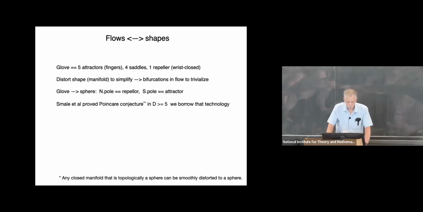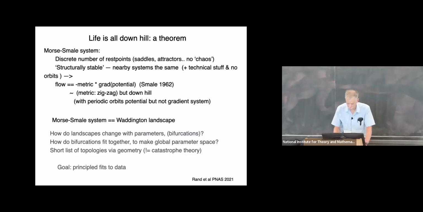So Smale, in the late 60s, proved the so-called Poincare conjecture in dimensions bigger than 5. The proofs in dimensions 4 and 3 got 2 other individuals Fields Awards, and we borrow that technology from Smale.